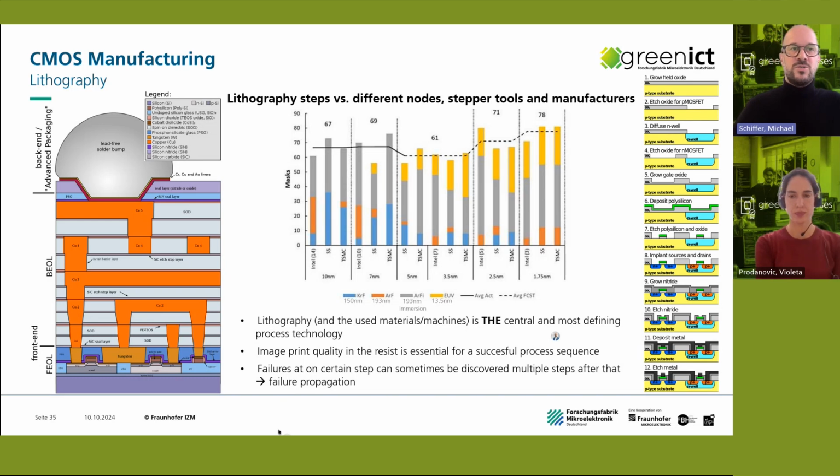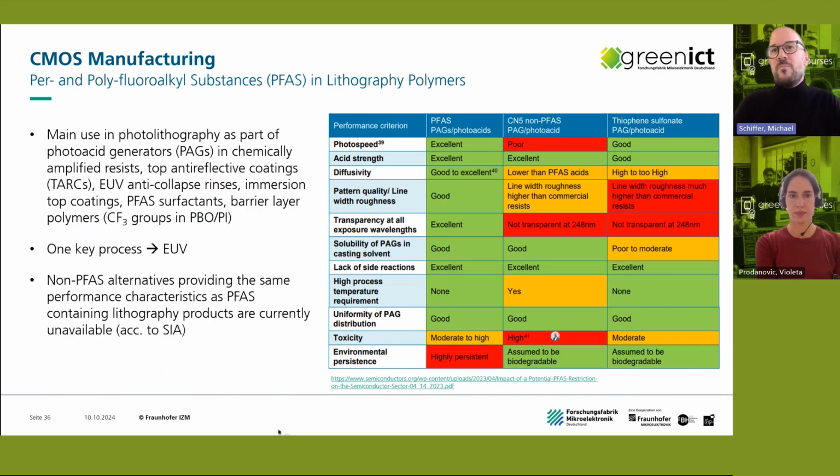So it's a very crucial process sequence that the companies are very hesitant to change, because, as on the next slide, many of the chemical components regarding the lithography resists, or also PBO and PIs, contain PFAS. And you don't want to change that in such delicate process sequences too fast and too much. So they are very resistant to do that, even though there are PFAS alternatives.